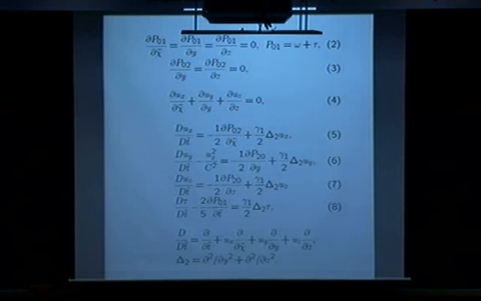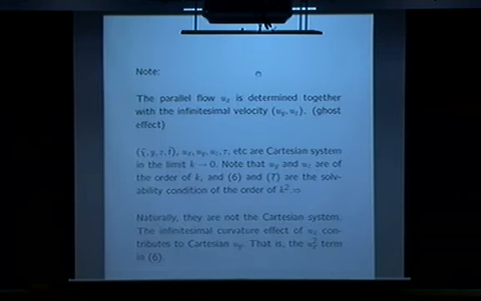Then you get that this is the divergence squared, okay? This is squared, and all the knowns at this point.